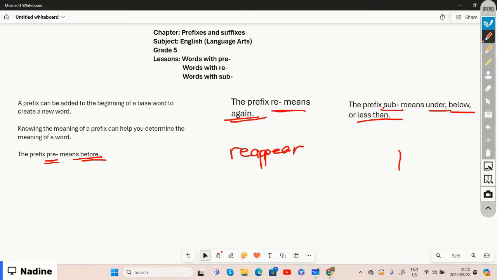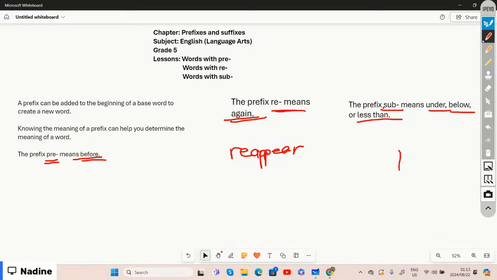If we look at the meaning of re, which means again, then the word reappear means that it will appear again. It's like appearing again.